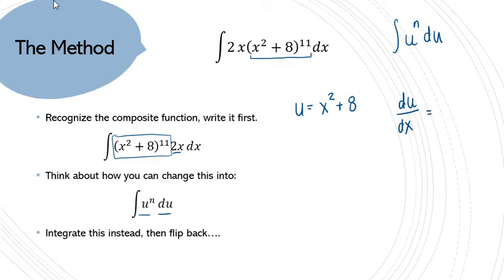And then I will take the derivative of x squared plus 8, which is simply 2x. I want to isolate du, so I'm going to rearrange this to du equals 2x dx. Now I want to be able to substitute du into this equation for something, and suddenly I can.